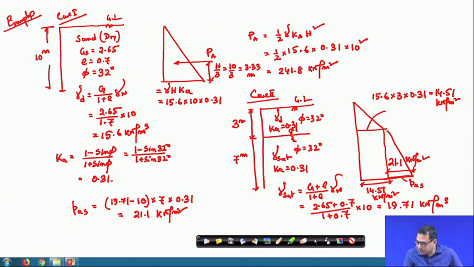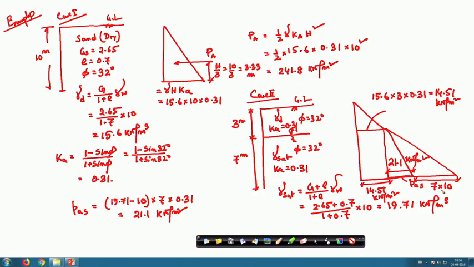Now, for the water we will also give you the stress. This is the water stress, and this value is nothing but 7 into 10, because for the water we will not multiply any earth pressure coefficient, we will multiply it only for the soil.